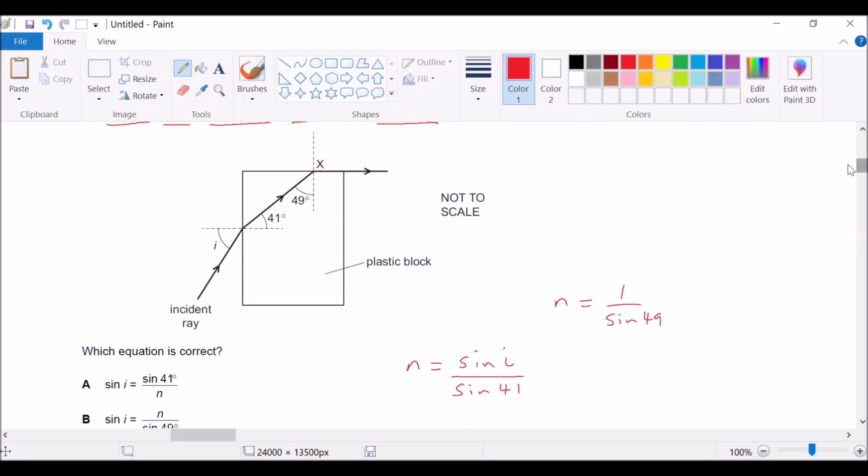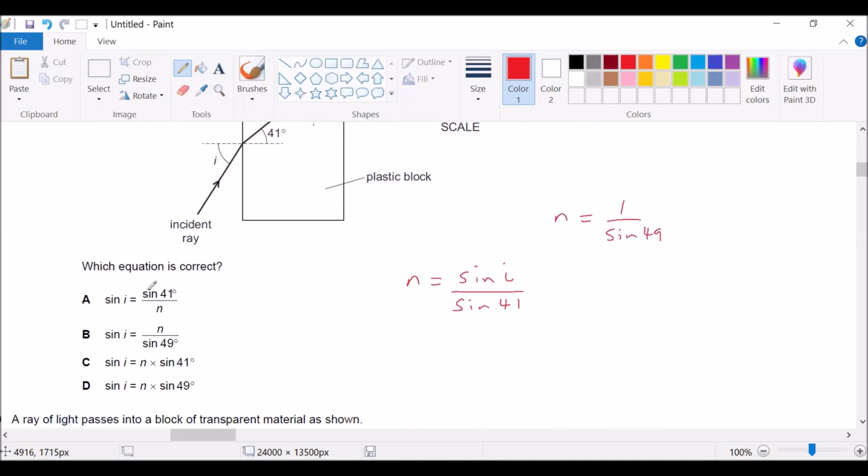So we want an equation that can be rearranged to either one of these forms. Sine I is equal to sine 41 over N. So if we make N the subject of the formula here, N is equal to sine 41 over sine I, which is not the same as this, so this is incorrect.